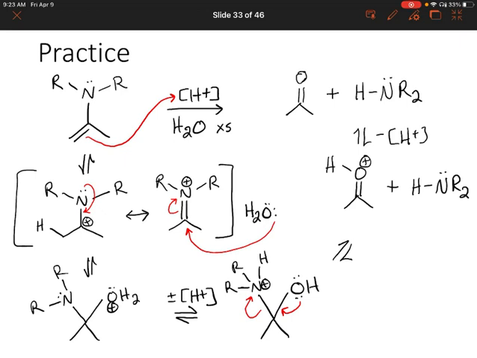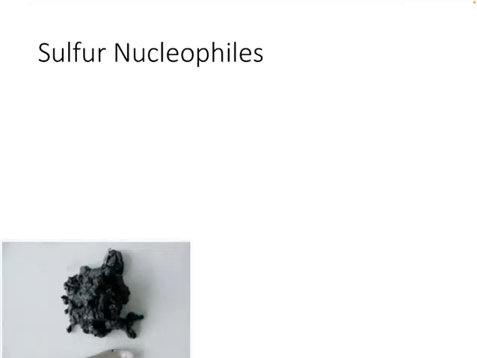So let's talk about some of our other nucleophiles. So sulfur, remember we could add a sulfur-containing nucleophile to our ketone or aldehyde. So let's say we have a ketone and we could add a thiol or two thiol groups to that ketone.